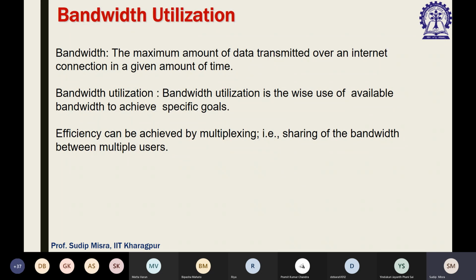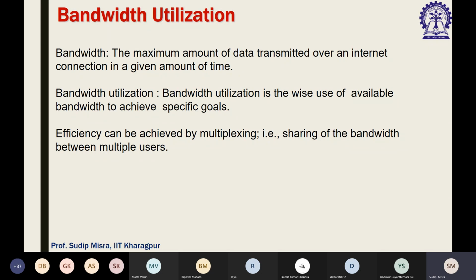So now we are talking about the utilization of this capacity. How can we utilize the bandwidth? Bandwidth utilization is about how, judiciously, you can utilize the bandwidth to achieve the overall goals of the network. One of the ways of achieving this is multiplexing, and the whole idea is how you can efficiently utilize the overall bandwidth of a particular channel.